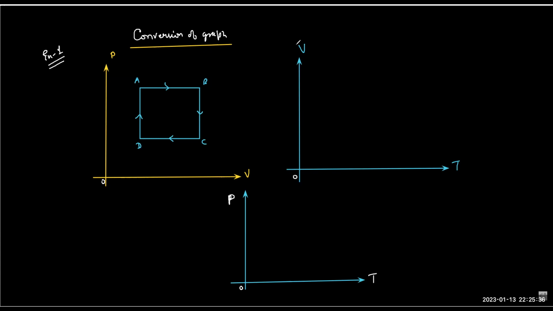Which axis is missing here? The pressure axis, right? So how will constant pressure look in a VT graph? We need two isochors, which I have drawn for the DA and the BC process. Tell me how the isobars will look in a VT graph.